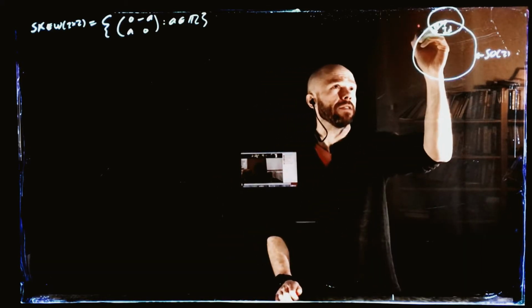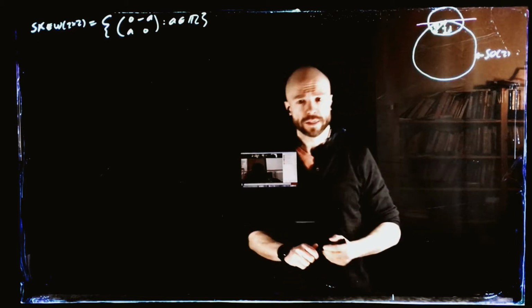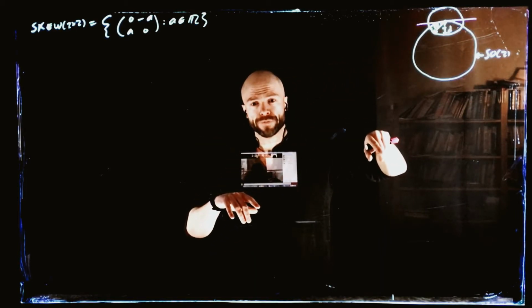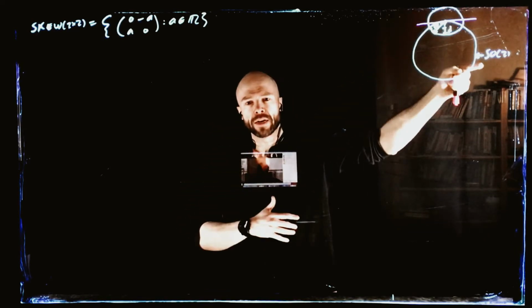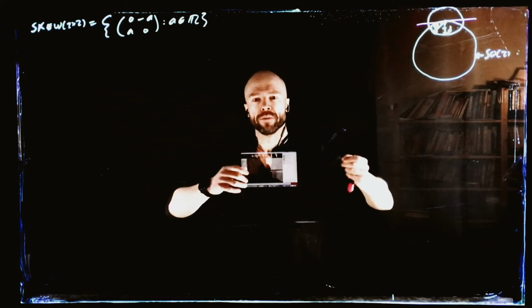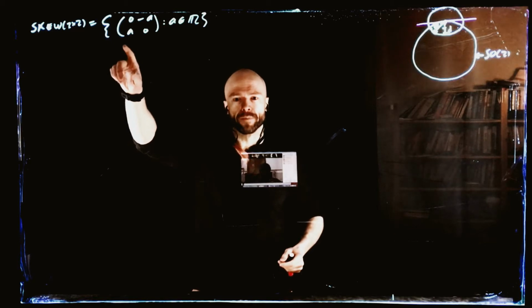And this is the tangent space. The tangent space is all multiples of the tangent, the vector space created by all the tangents of this submanifold. This is a one-dimensional submanifold. The tangent space is a one-dimensional line.